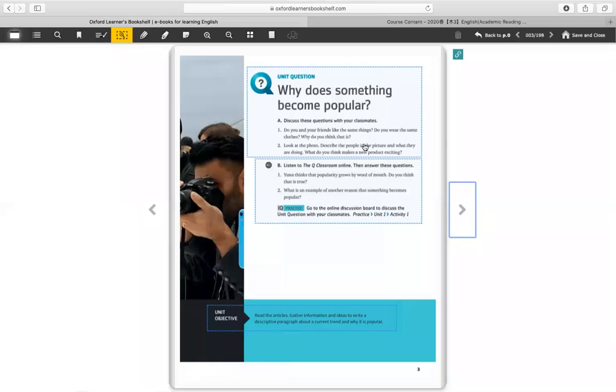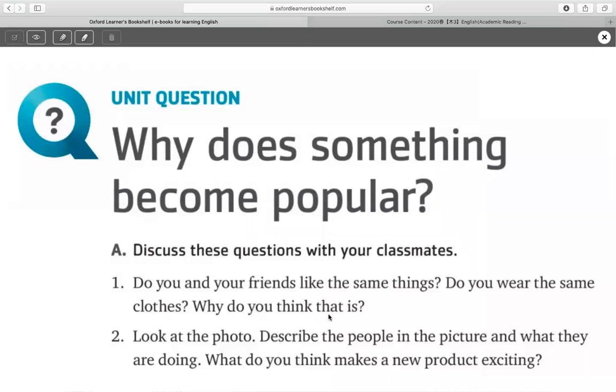And very important for this lesson is, what do you think makes a new product exciting? For example, whenever Apple is going to launch a new iPhone, all the people over the world are waiting in excitement, right? Do you wait in excitement?